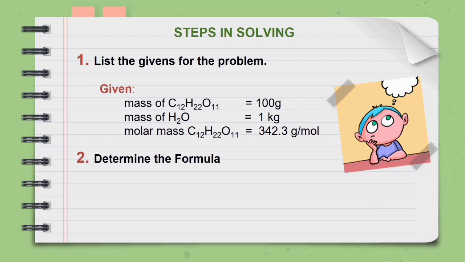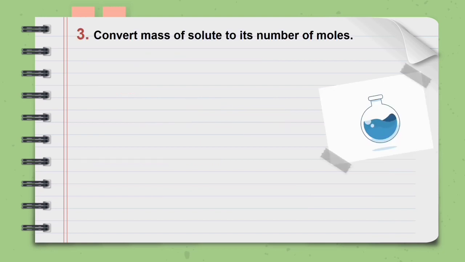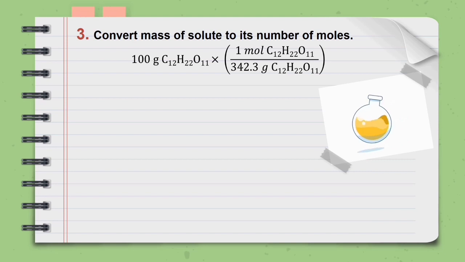So as stated earlier, the formula for molality is moles of solute over kilogram of solvent. Third step is to convert the mass of solute to its number of moles. So using its molar mass, 100 grams of sugar times 1 mole of sugar over 342 grams of sugar would be equal to 0.292 mole of sugar.